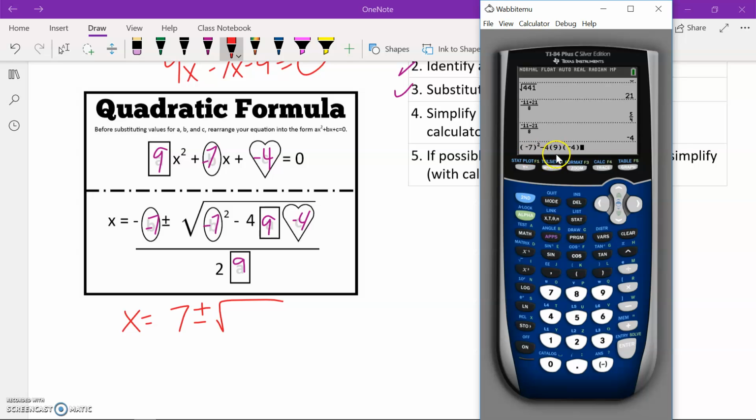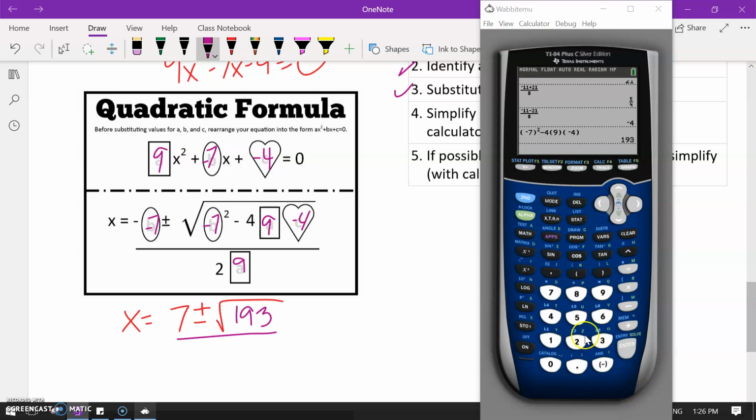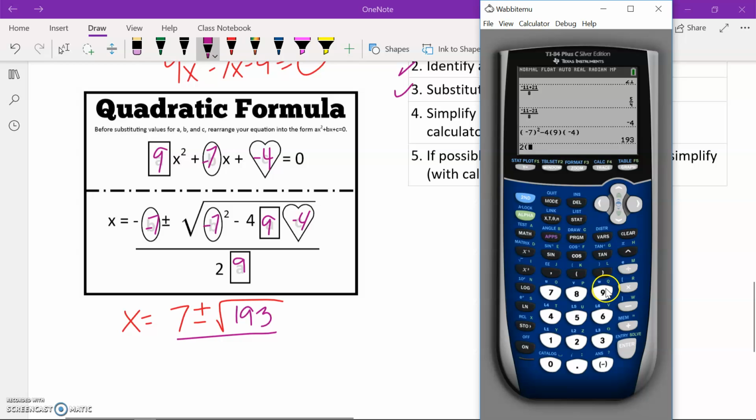You notice I do it all in one line. I do not have the radical. And I get 193. So we get the square root of 193 all over 2 times 9, which is 18.